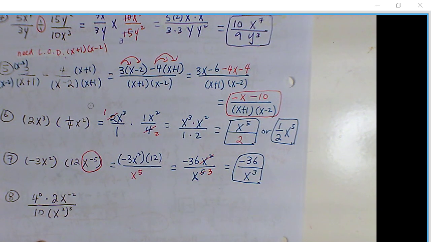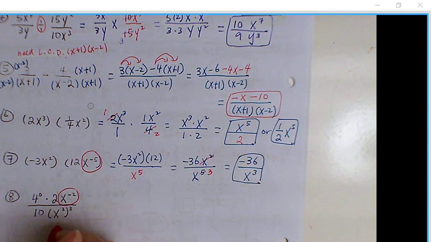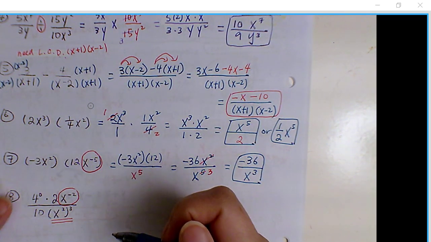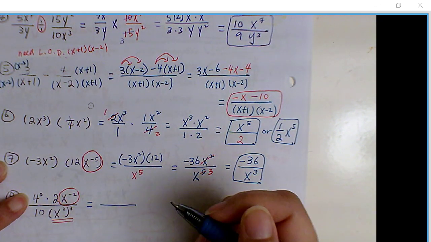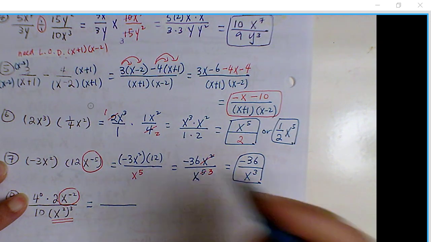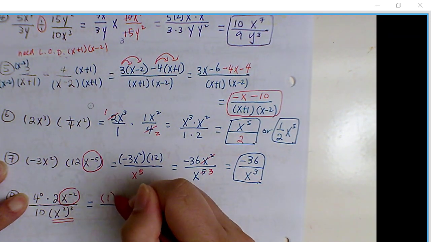All right, so the next one, there is a lot going on, right? But I did spot this is a negative exponent, so I have to move that. And then we have x squared and 3 of them, right? Also, do you remember what is the answer when you raise something to a 0 power? Something raised to 0 power is going to turn into just 1.